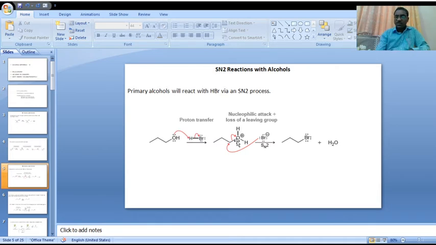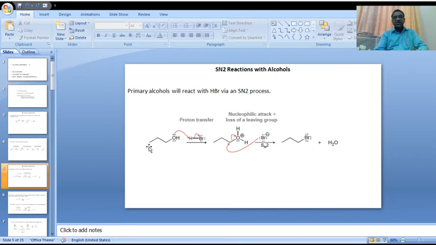We will observe this clearly. In the SN1 mechanism, generally tertiary alcohols are the starting material. Here primary alcohols will react with HBr, hydrogen bromide, via an SN2 mechanism. How is it? We will discuss.